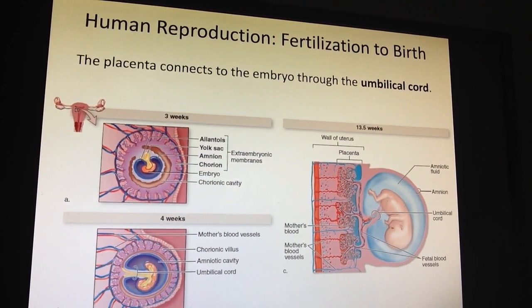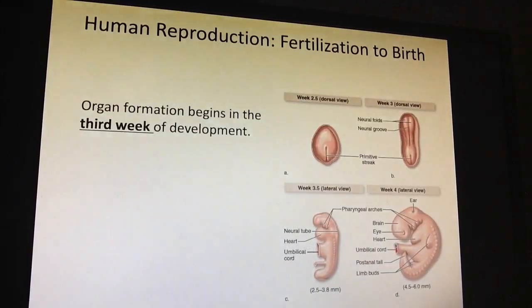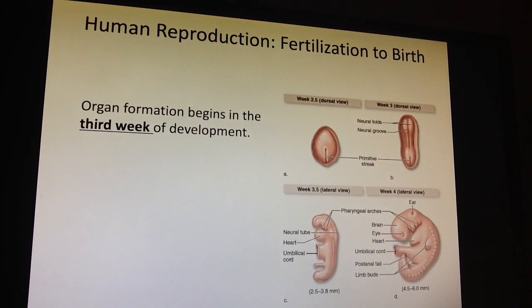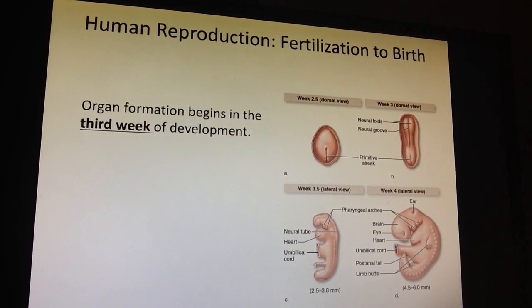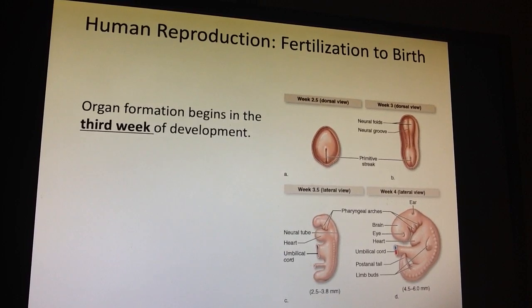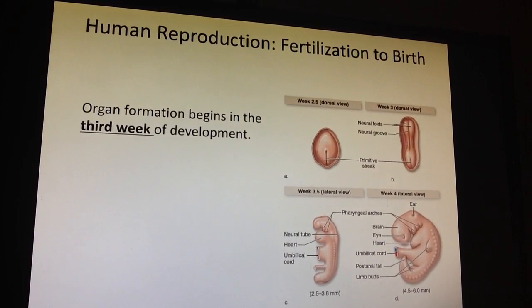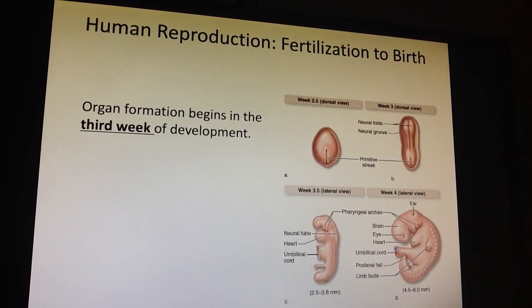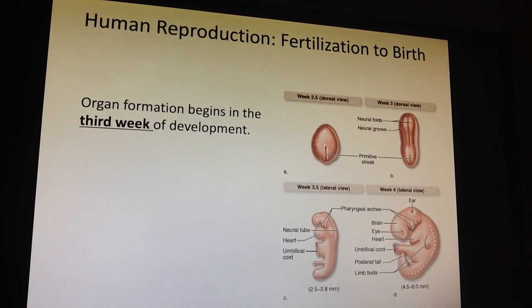The umbilical cord is a connection between the placenta and the baby. Now, organ formation happens by the 3rd week of development, and most females haven't missed their period, so they don't know they're pregnant, and the baby's organs are developing, so that's a pretty critical period.